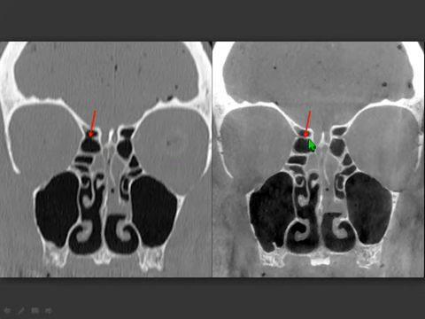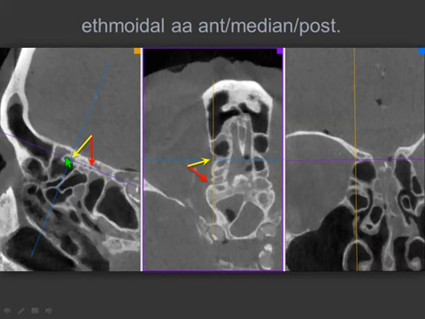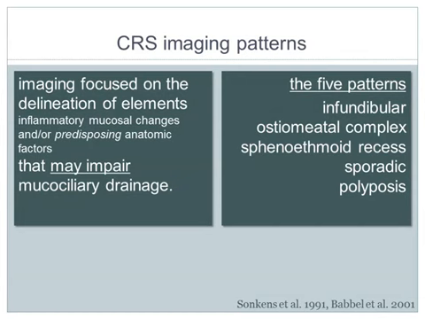Therefore, this small channel, which is the channel for the anterior ethmoid artery, can be better demonstrated with this technique. Also, reconstructing with a cone beam CT, you can detect in all cases the anterior ethmoidal artery channel, but also the posterior ethmoidal artery channel can be demonstrated.